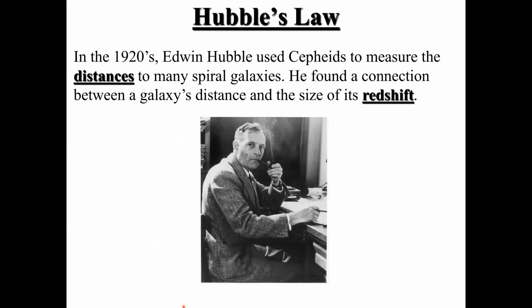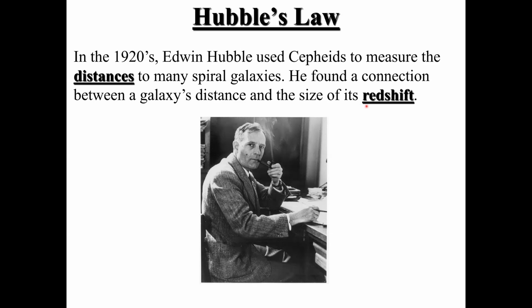Now, in 1920, if you remember this story I mentioned before as well, Edwin Hubble used Cepheid stars. So Cepheid stars he used to decide the distance to the Andromeda galaxy, remember. So he used to measure the distances to many spiral galaxies, right? And what he found was the connection between the distance to a galaxy and the size of its redshift.